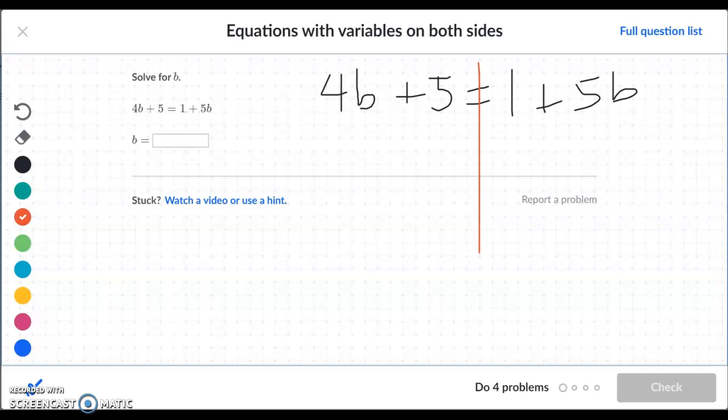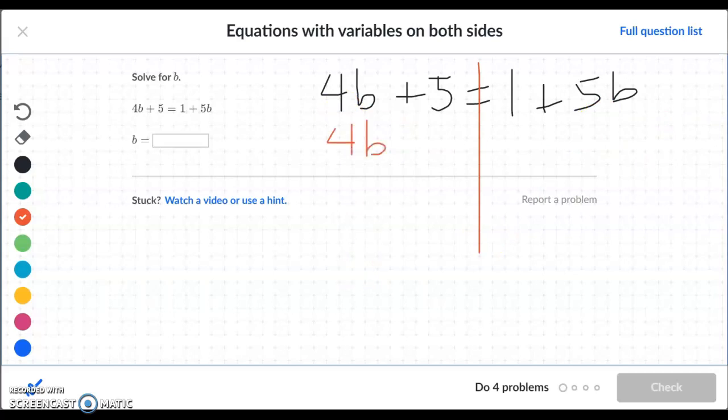I have 4b on one side and 5b on the other side, but what I can do is move the smaller value, remembering that sign matters here. 4b is positive, 5b is positive, and 4b is less than 5b. I'm going to move 4b to the other side.